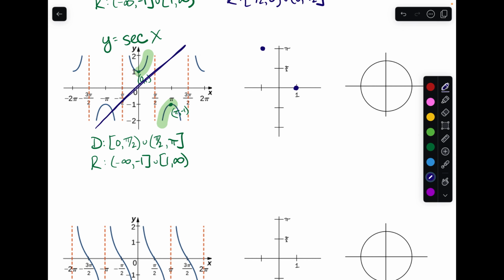Again, weird looking graph here because there was a vertical asymptote at pi over 2, so there's a horizontal one. This one's going to curve this way. This one's going to curve that way. So the domain of this one, again, just flip. The range, just flip.